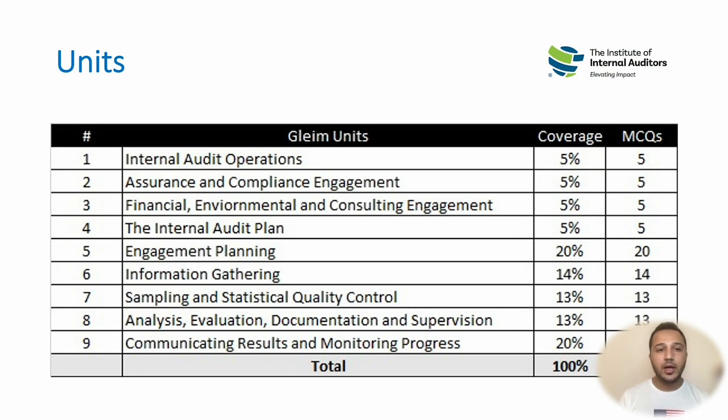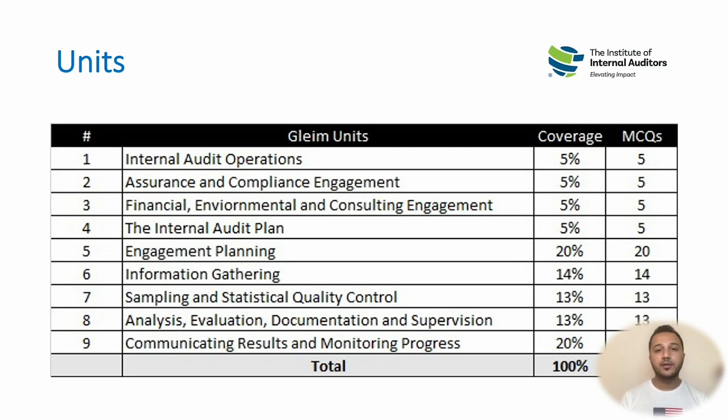So the annual internal audit plan, engagement plan, information gathering, sampling and statistical quality control, analysis, evaluation, documentation, and supervision. So this is all the field work and the main chunk of the audit work. And lastly is about communicating results and monitoring progress, which is more of report writing and follow-up on pending audit issues. So this is overall the CIA units, chapters and the coverage I have given you.